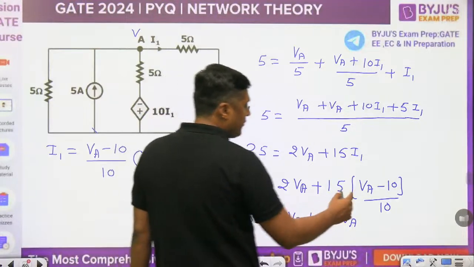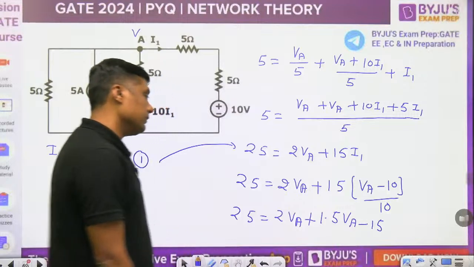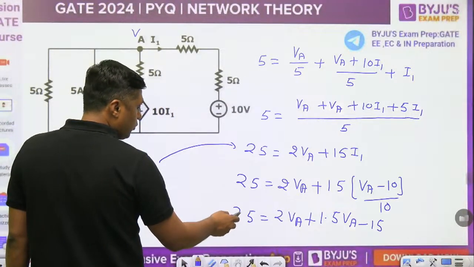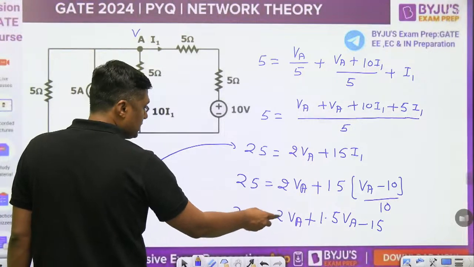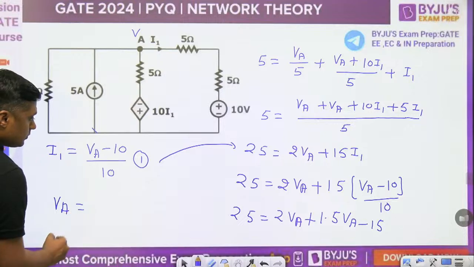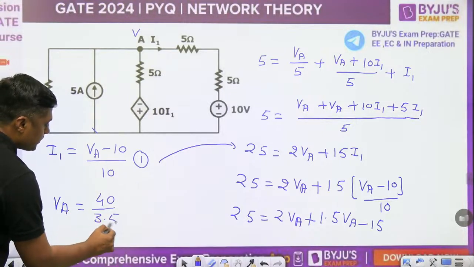Then 15 plus 25 is 40, and VA coefficient is 3.5. So VA is equal to 40 divided by 3.5.